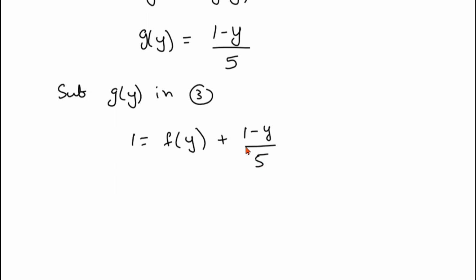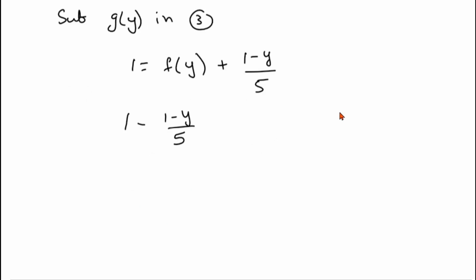We send this (1 minus y) by 5 to the left hand side. Positive sign is there; when it comes to the left hand side, it becomes negative. 1 minus (1 minus y) divided by 5 will be equal to f(y).